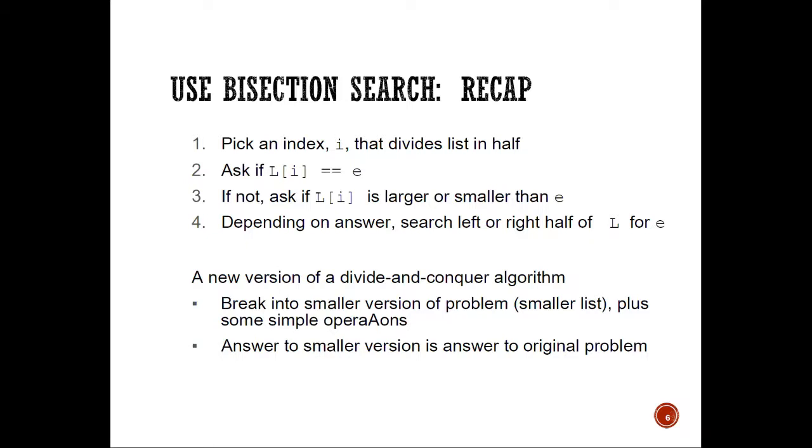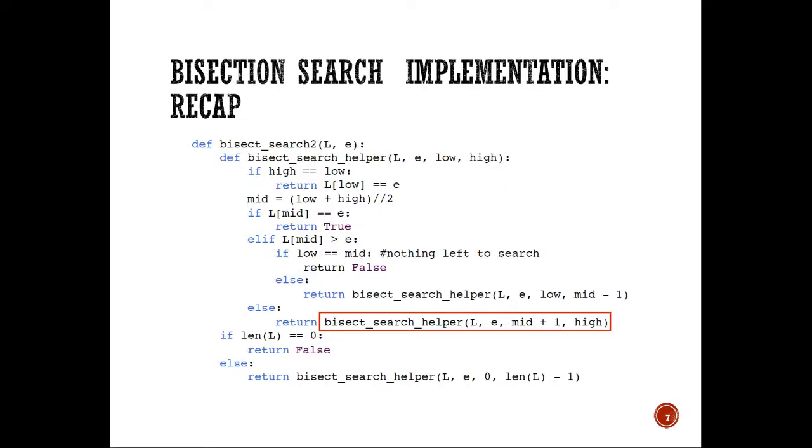And depending on the answer, we either check the left-hand side or the right-hand side of the list. So this reduces the search space and hence reduces the overall complexity. So this provides a recap of how we can do that.